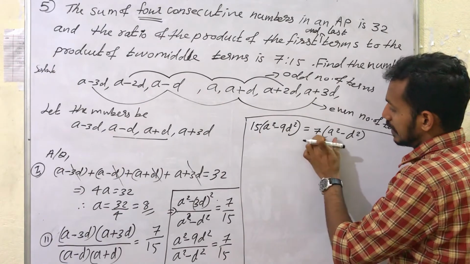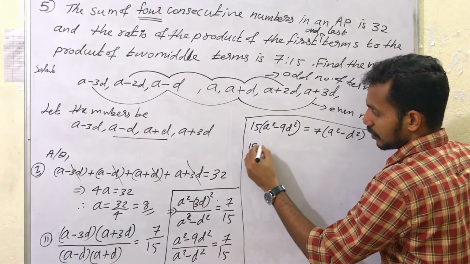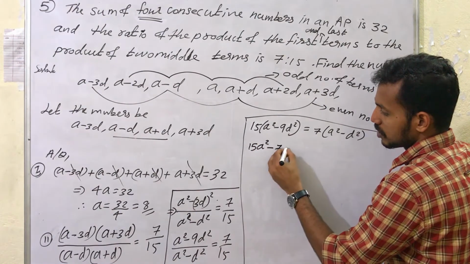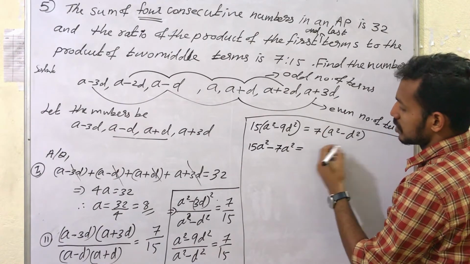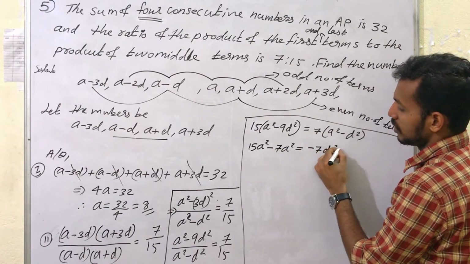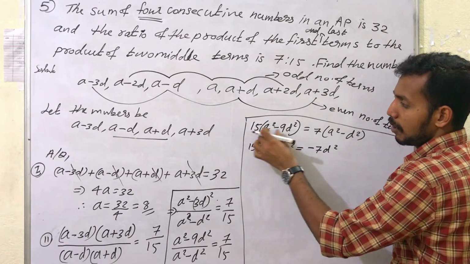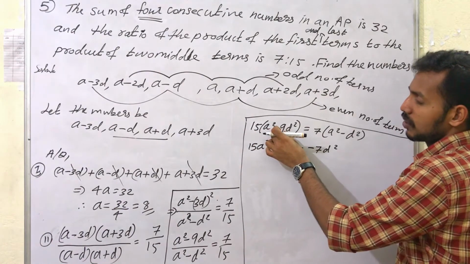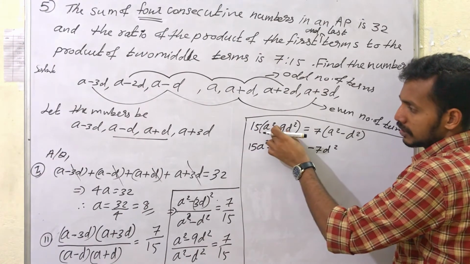Now we can simplify. I'm directly taking the terms, because there is no space on the board. 15a square, and 7a square taken here will be minus 7a square, which is equal to 7 into minus d square, that is minus 7d square, and 15 into minus 9d square will be minus 135d square.